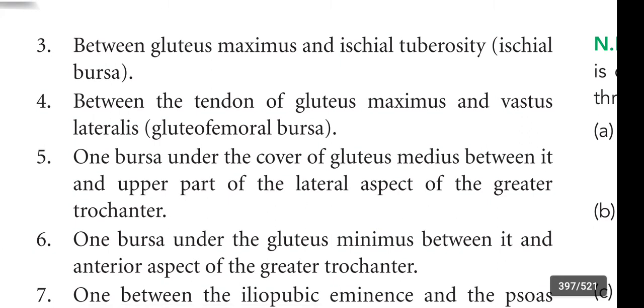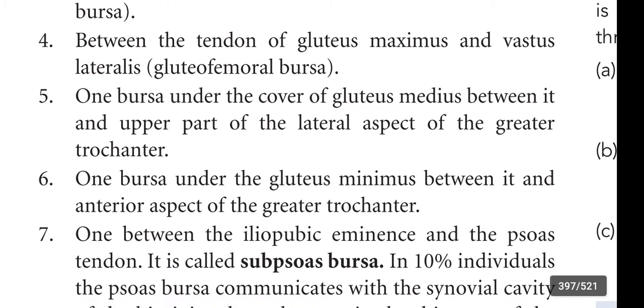Okay, and the fifth, one bursa under the cover of gluteus medius, between it and the upper part of the lateral aspect of the greater trochanter. And one bursa under gluteus minimus, between gluteus minimus and the anterior aspect of the greater trochanter.